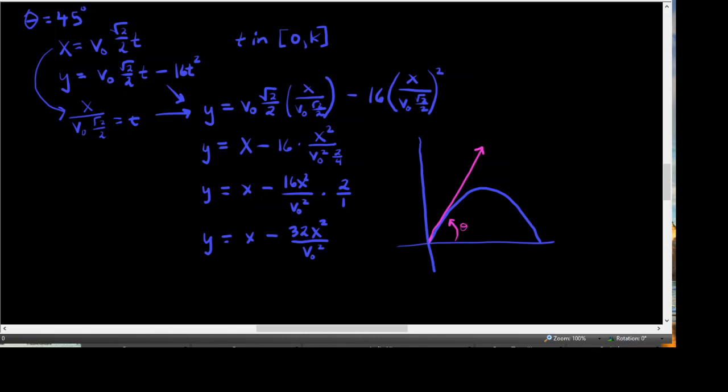And if I were to draw this in, the x part of that is going to be v sub naught times the square root of 2 over 2 t. And the y part of that is going to be v sub naught square root of 2 over 2 t minus 16t squared.